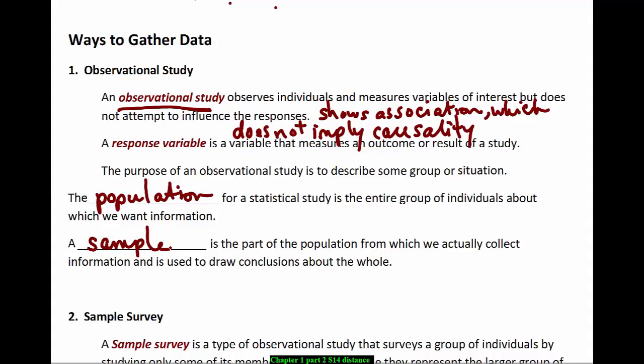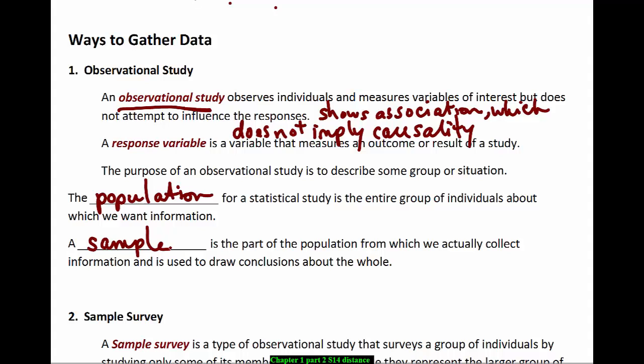I might choose maybe 100 USC students at random, so I could weigh them. I could get a sample estimate, the sample average weight, and I would use that to estimate the average weight of the population. So the population is the larger group of individuals, and the sample is the smaller part from the population that we actually get our information from.